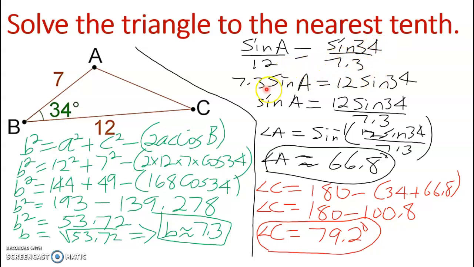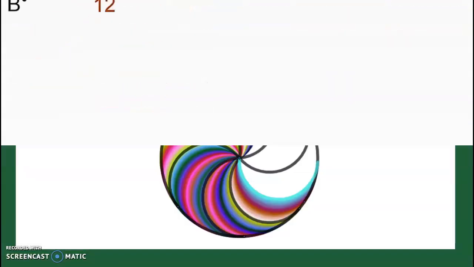Okay, so cross multiply, and we get that times that equals 12 times sine 34. So do the algebra, and because we're looking for the angle, you take the inverse sine of that expression and you get 66.8. And now that we know the two angles, we can add them and subtract from 180 to get the last angle. Okay, you got that?